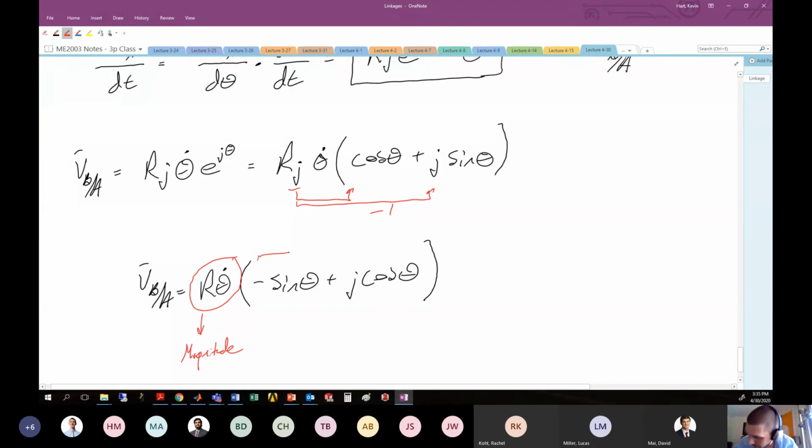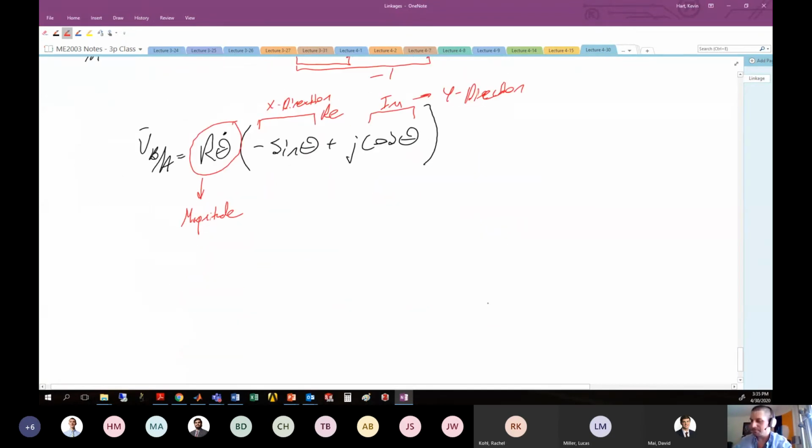And here we have what is like the x direction, because this is the real component. And this is the imaginary component, which is like the y direction. So we're representing the x and y directions appropriately with real and imaginary directions.